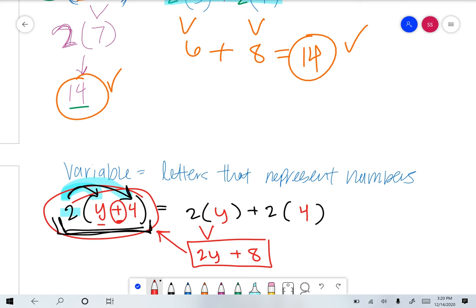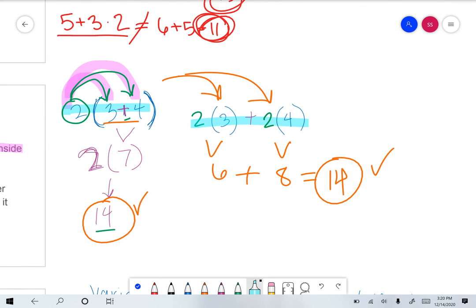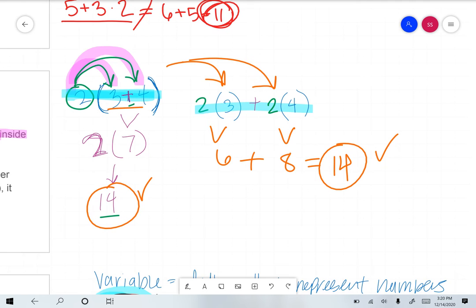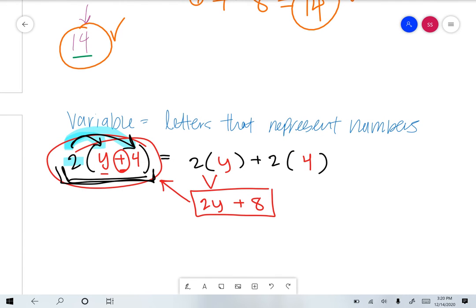Okay. So again, that's why we teach you distributive property, among other things: sometimes we won't just have numbers, and it won't be as easy as that, and you can't just add and then multiply. You have to distribute in order to get the answer.